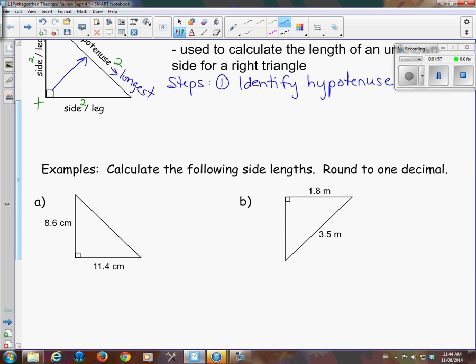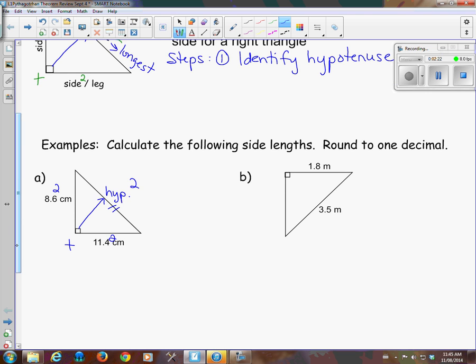And that's easy because the right angle is pointing towards my hypotenuse. So I know that the side squared plus the side squared equals the hypotenuse squared. So I can fill in my formula. When I do an answer using Pythagorean theorem, I'm going to use good math solution and make a nice equation that would look exactly like this.